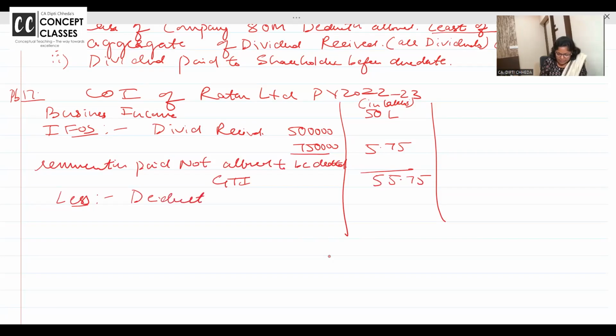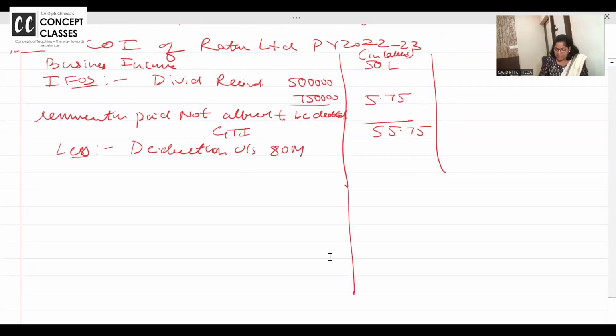Less deduction. Under which section are you going to give the deduction? ATM. Will they say in the exam, dear students, calculate the ATM deduction? Answer is no. You have to take care of it yourself. You will get the ATM deduction. What is dividend received? Dividend received is 5,75,000.